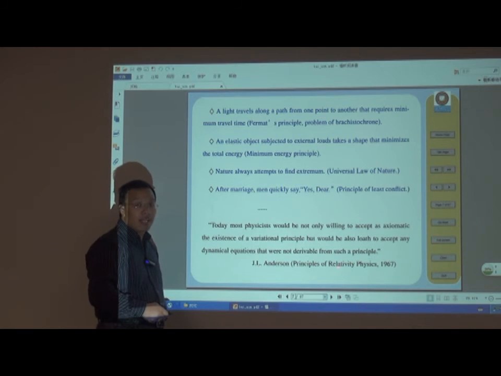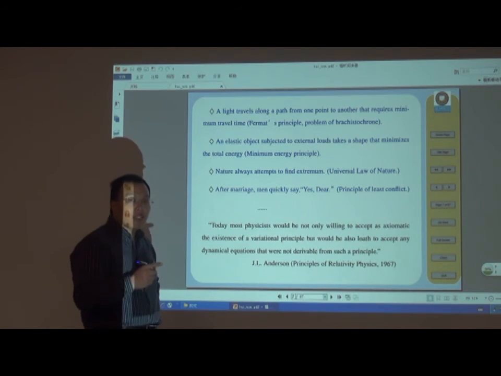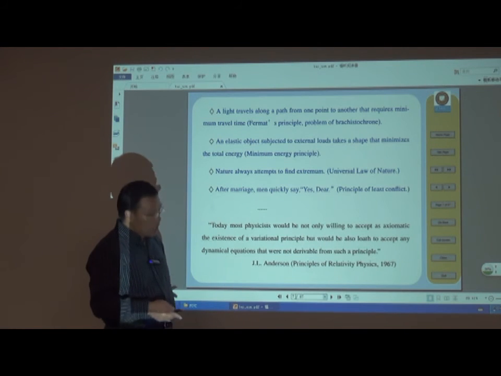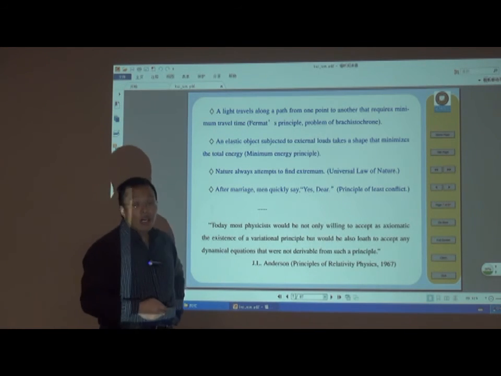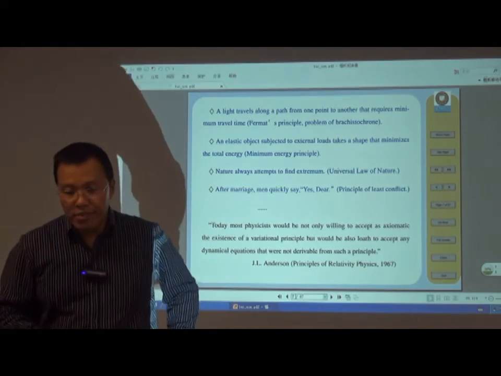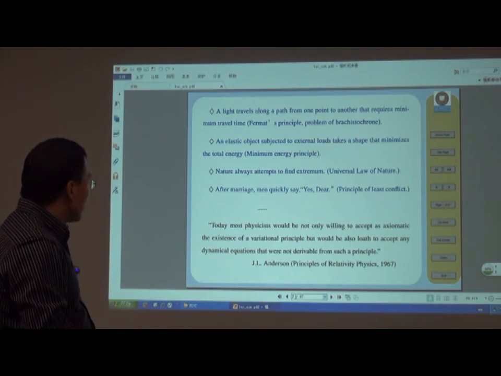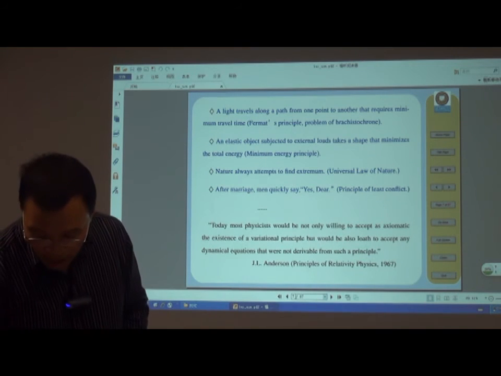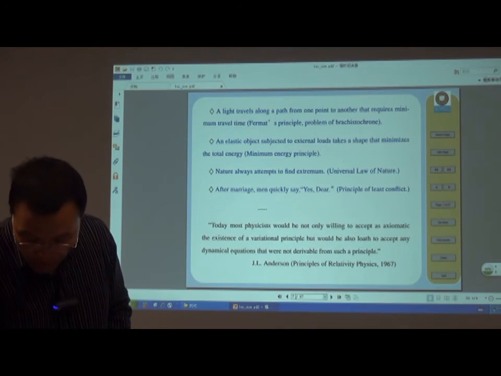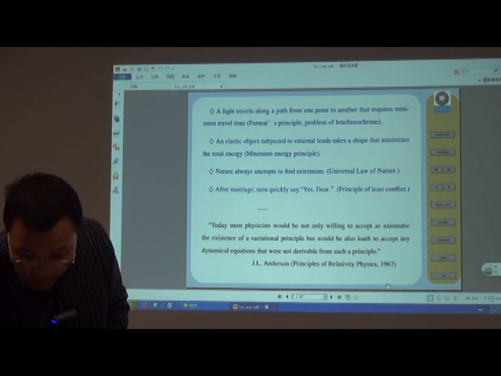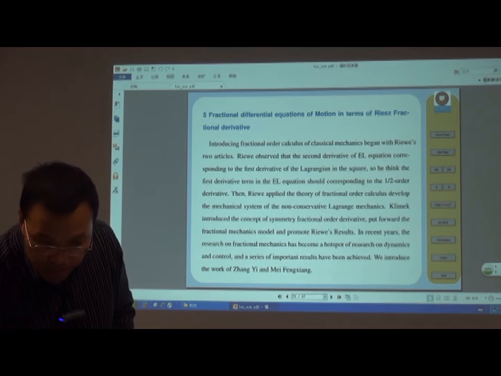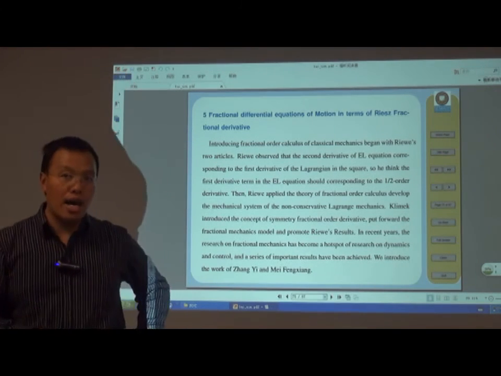But unfortunately, if we consider dissipative mechanical systems, their equation of motion can't be derived from such a principle. So Dr. Chen said Professor Bloch's work is a dark cloud.